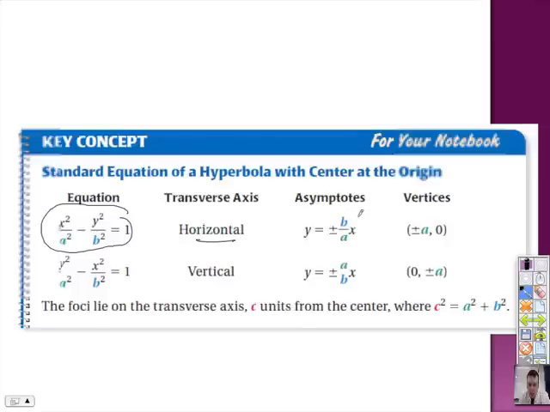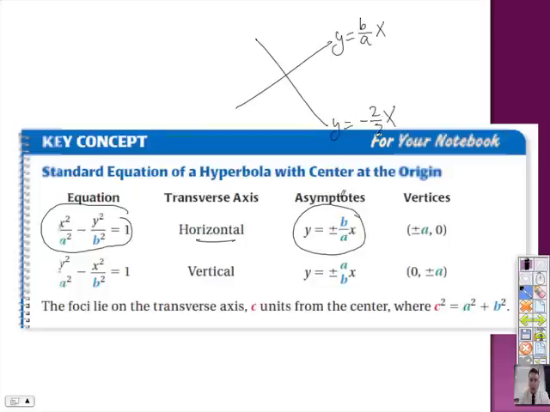Here are your asymptotes. This line here is Y equals positive B over A times X. Let's say those two numbers are 2 and 3. This is Y equals 2/3 X, and this line would have to be Y equals negative 2/3 X. So negative B over A. Two asymptotes: one's positive, one's negative.